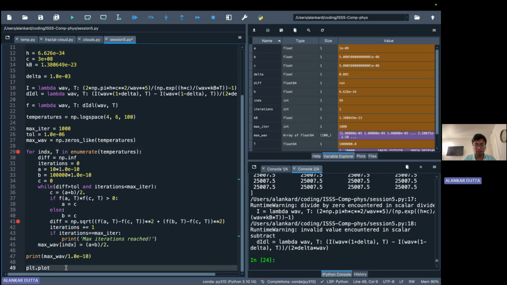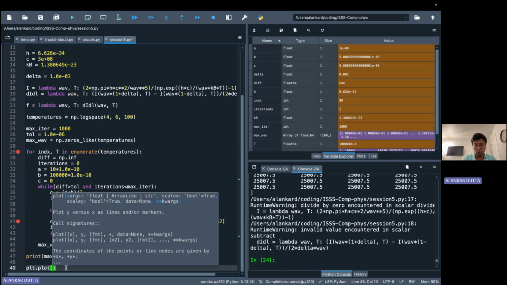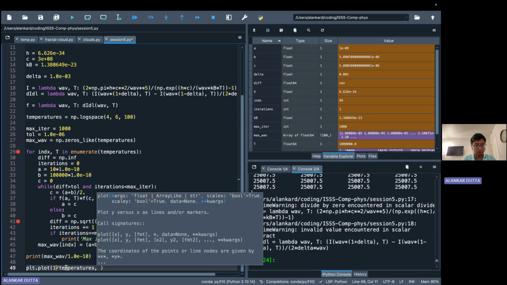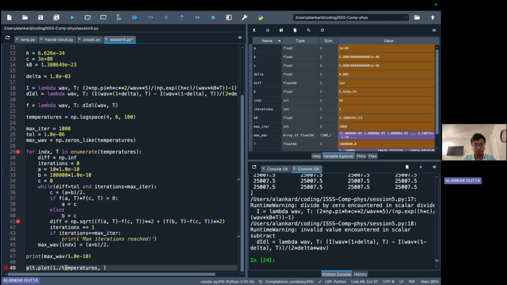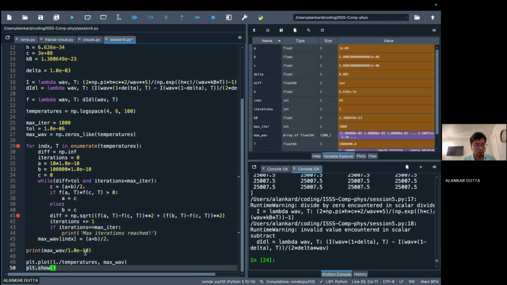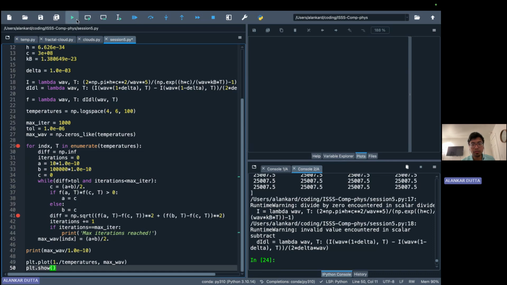You see that on the x-axis we are going to plot 1 over temperature, and on the y-axis we can plot the max wave. So this is going to give me the maximum wavelength, and the other is going to give me temperatures. And here, this is plt dot show. And once I get this, let me open the plots and run this code.